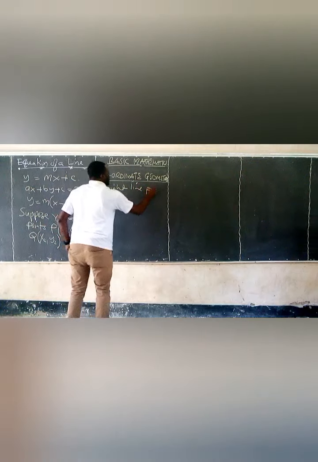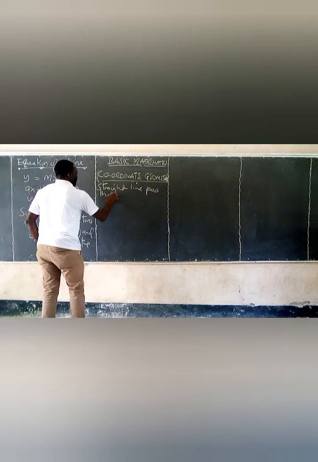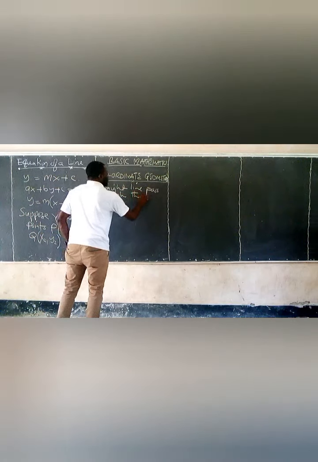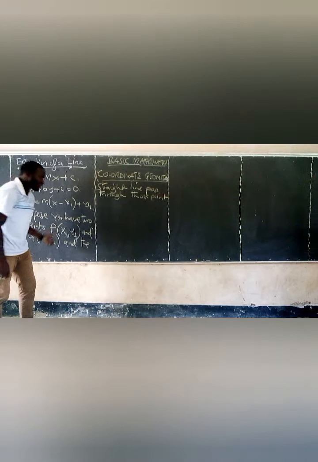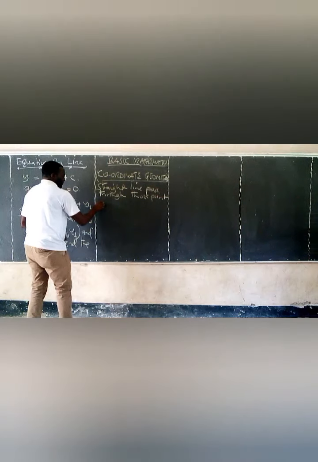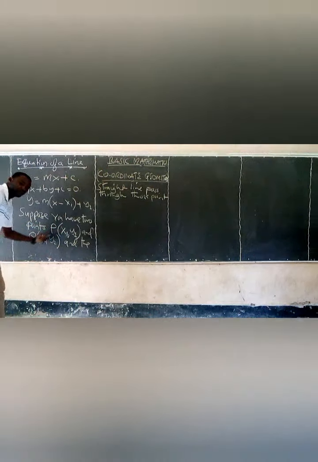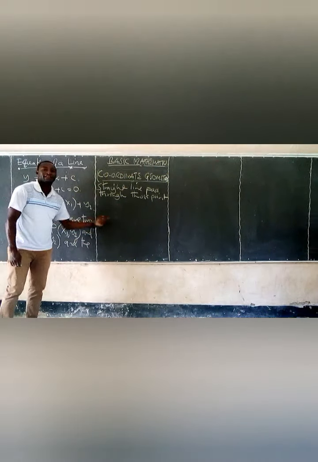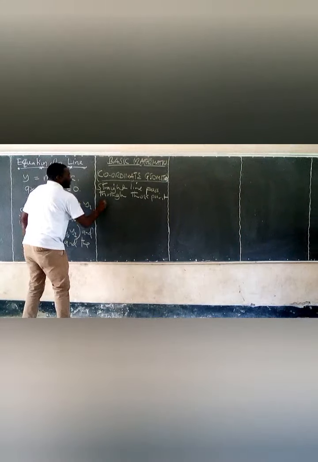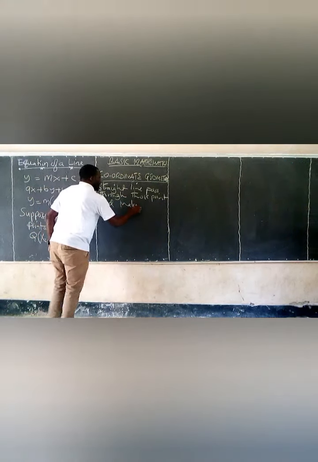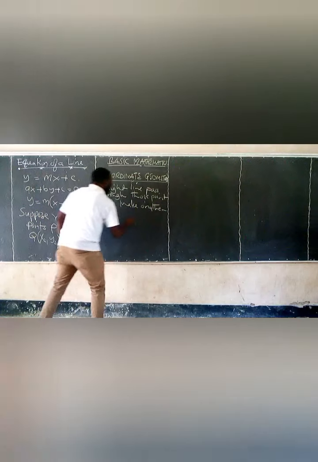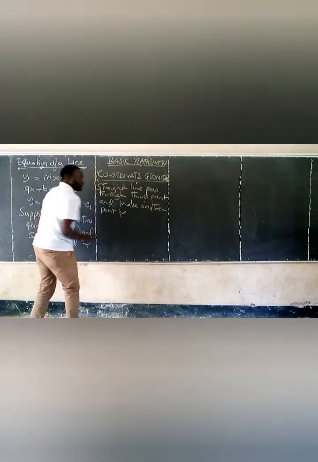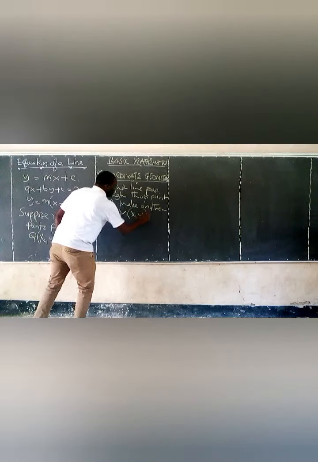Let's say that our other point, which the line produces after passing through these 2 points, P and Q, we can call N, with coordinates x, y.